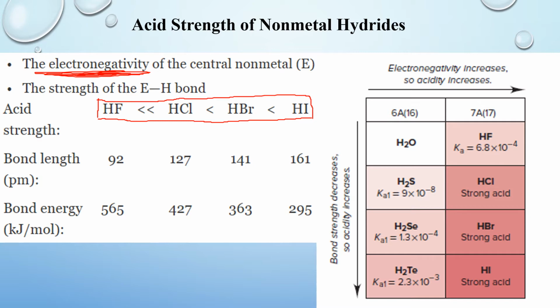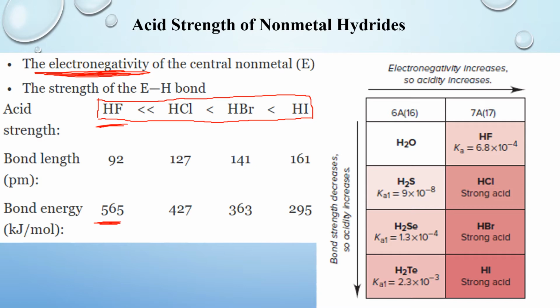If this bond is very strong, meaning the nonmetal has a very high electronegativity, it's going to be very difficult to remove that proton, or very difficult for the acid to donate that proton. So that will make it a weak acid.